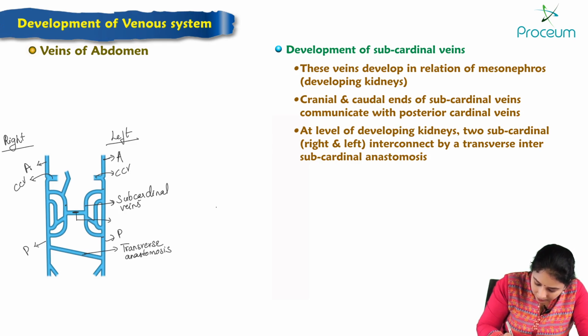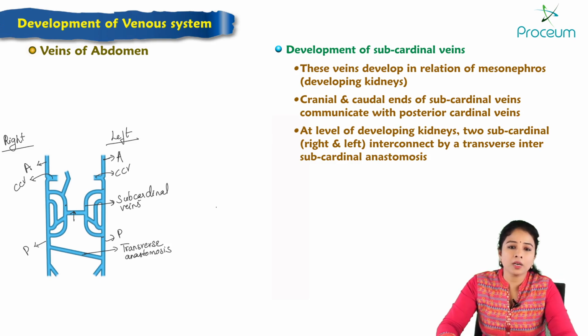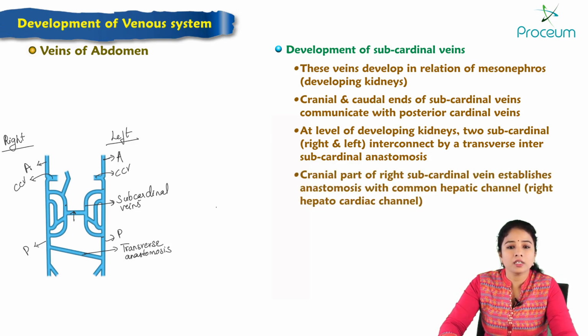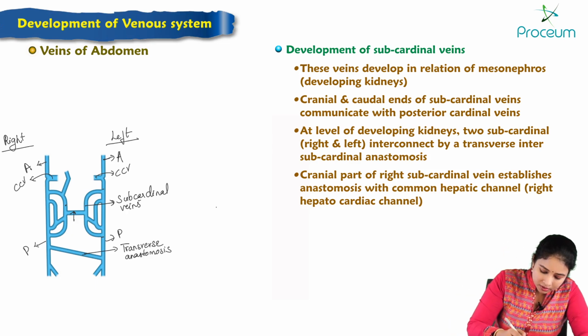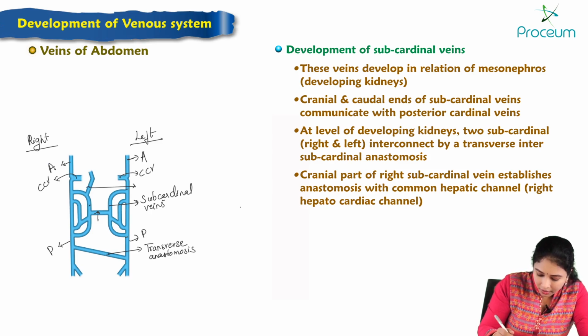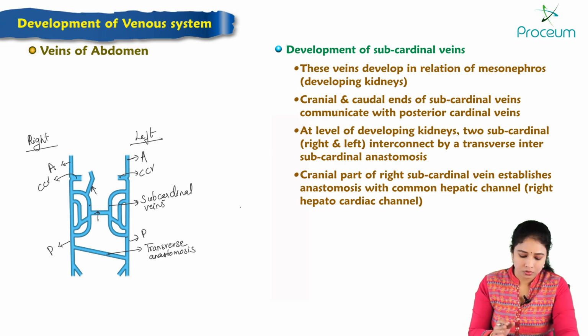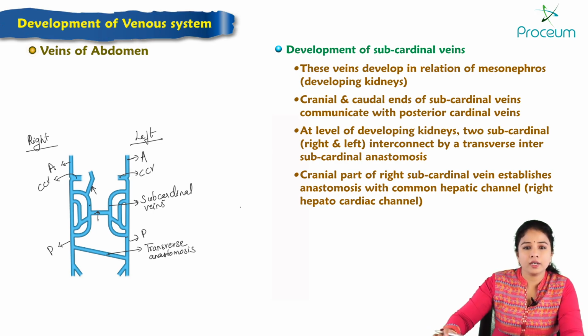The subcardinal veins establish an anastomosis with the common hepatic channel, which is called the right hepatocardiac channel. Here is the right hepatocardiac channel, which is seen only on the right side.